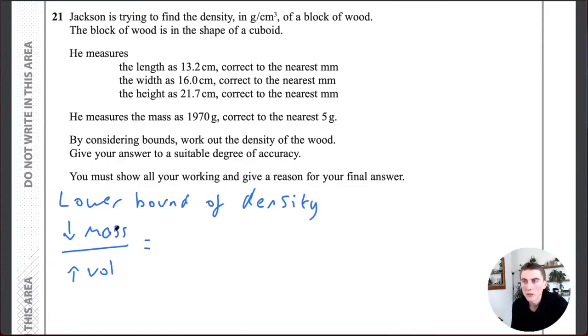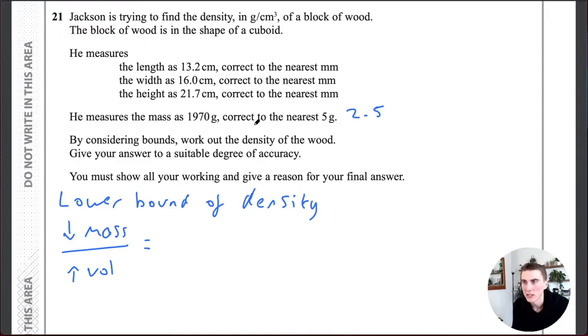So the lowest that the mass could be. If 1,970 grams is only correct to the nearest 5, then you half the 5 to get 2.5. And then you add and subtract this 2.5 from the 1970.